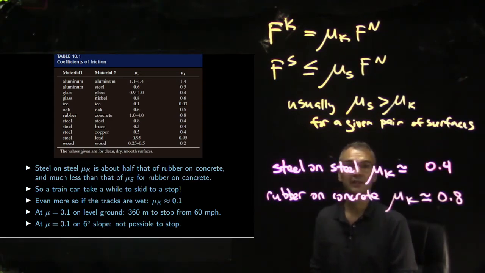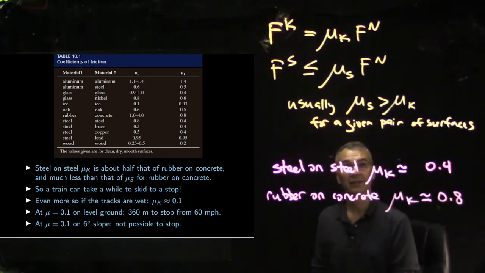I remember learning, never ever think you can beat a train across a grade crossing. Another thing to bear in mind is if you have a train on wet, slippery tracks with a coefficient of 0.1, if you start from 60 miles per hour, it can take about 360 meters to slide to a stop at mu equals 0.1 on level ground.